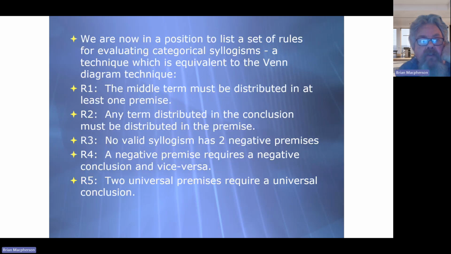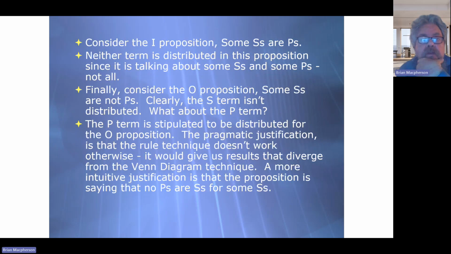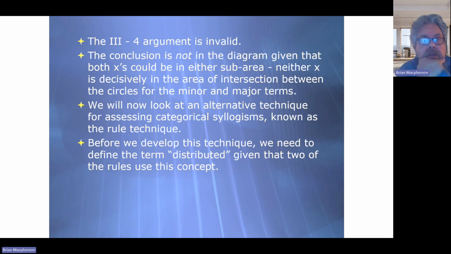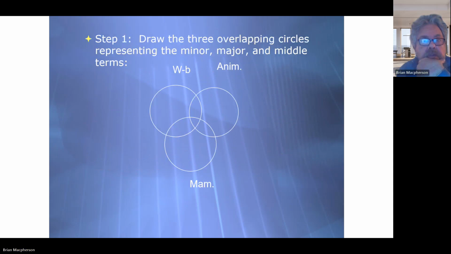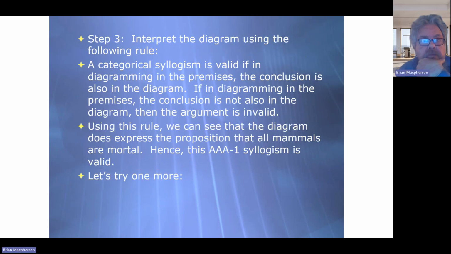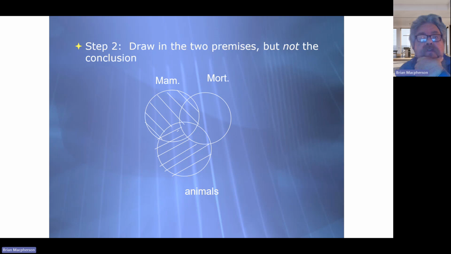Let's go back, if I may, to the diagram for AAA-1. Sorry, we're going back several slides here. Notice that the conclusion, all mammals are mortal, is in that diagram. In addition, we saw that it passed all 5 rules. The middle term is distributed at least once.